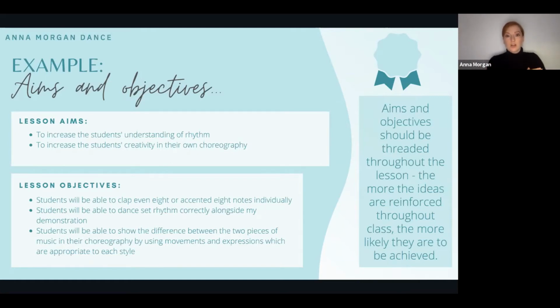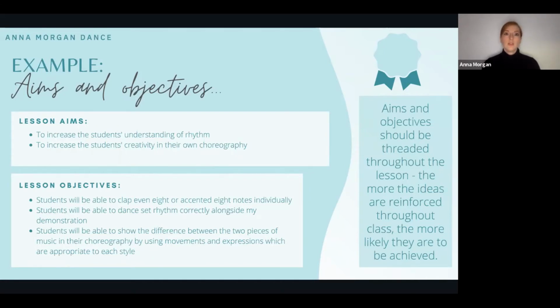You will do tasks throughout the whole lesson which will aid that. So you may, for example, show two contrasting exercises, like you might do the arm exercise of a lyrical style and discuss that, and then go into the isolations of a jazz style and discuss that.